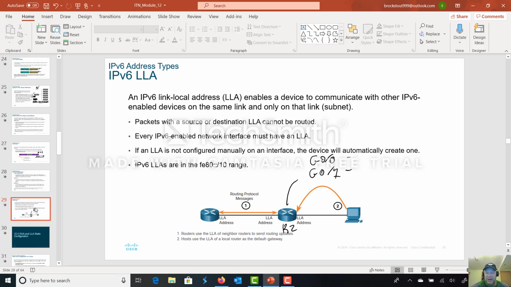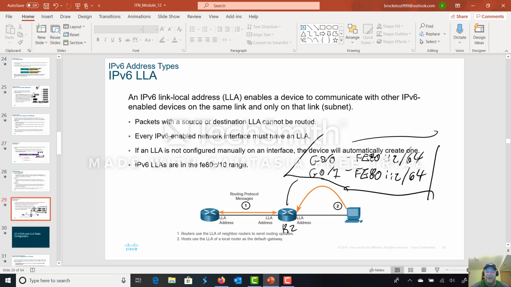We would say this is going to be FE80::2/64 on G0/0, and then on G0/1, we're going to put the exact same address on that interface.